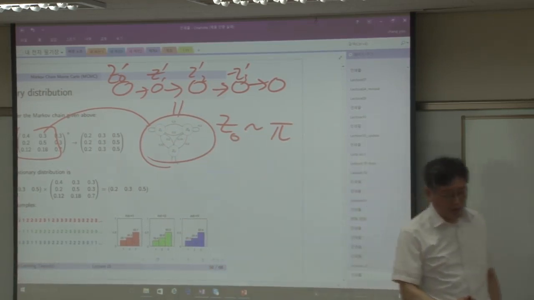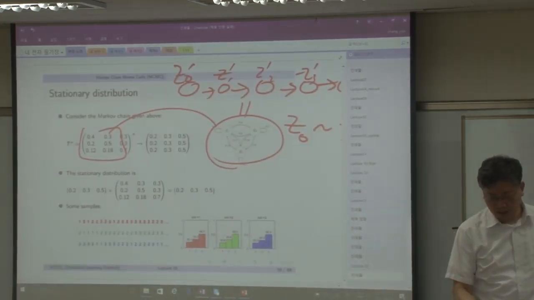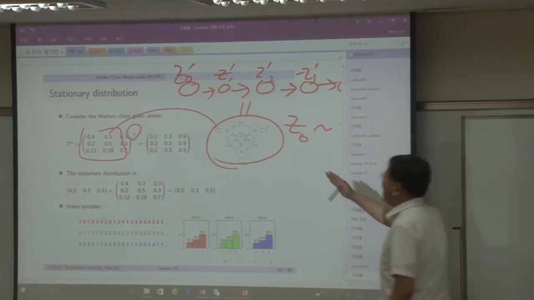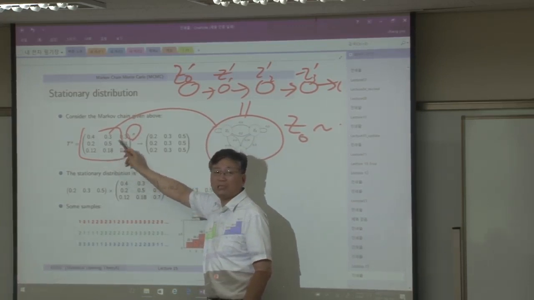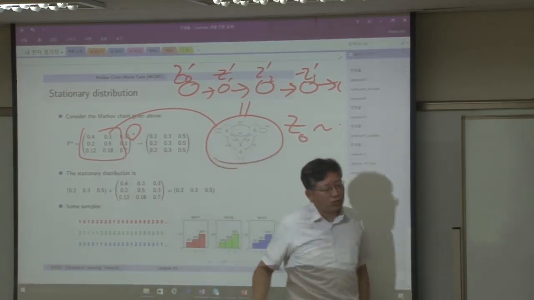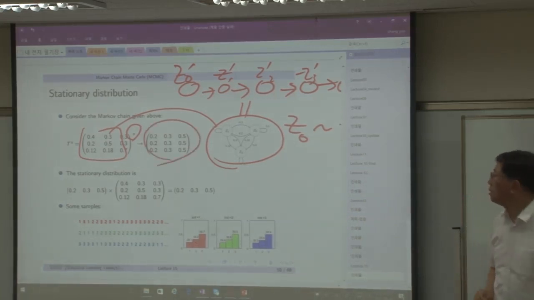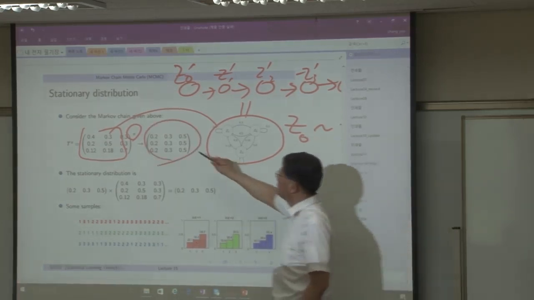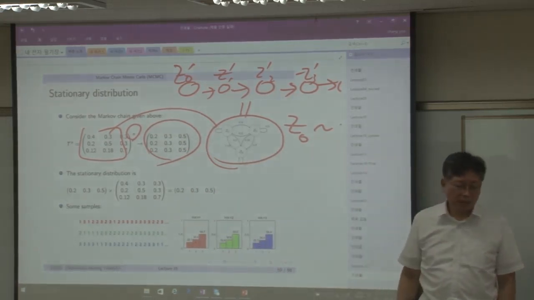And here the student has nicely shown, if I take n transitions, so T multiplied by T, n times, you get something like this.